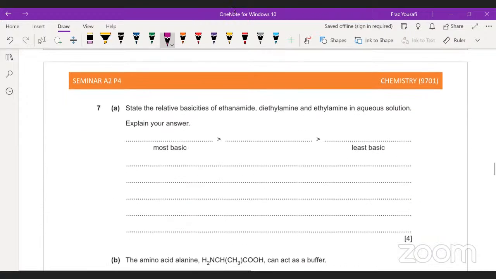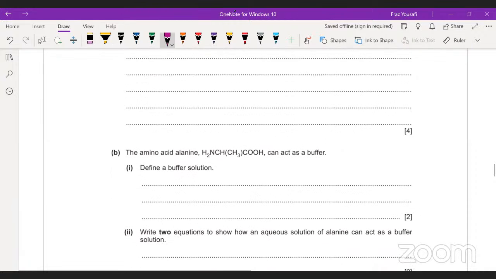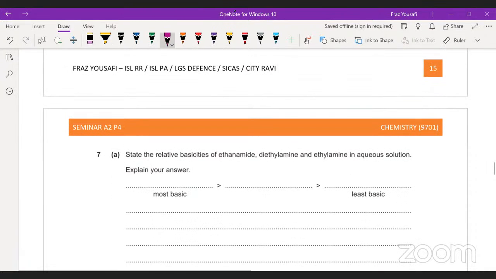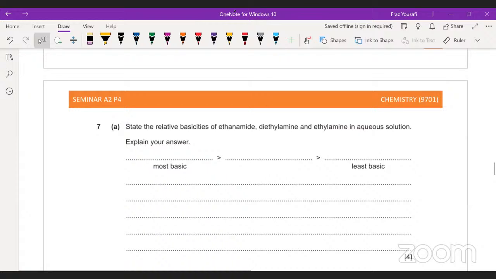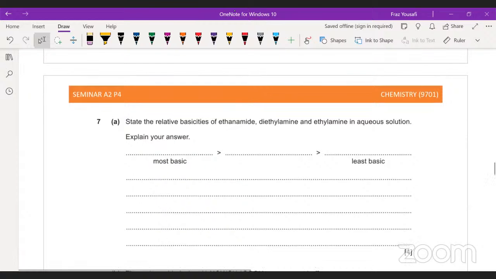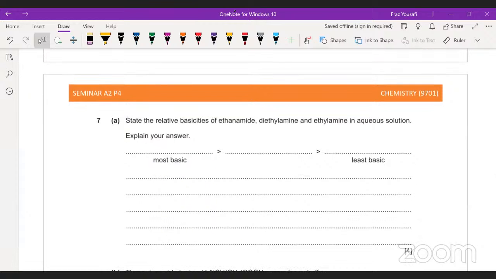Okay. Now, not as concerned about this particular part, but I think we can just mention the idea. The relative basicities of ethanamide, diethylamine, and ethylamine in aqueous solution, right? And it wants you to be able to tell them which one ought to go where.